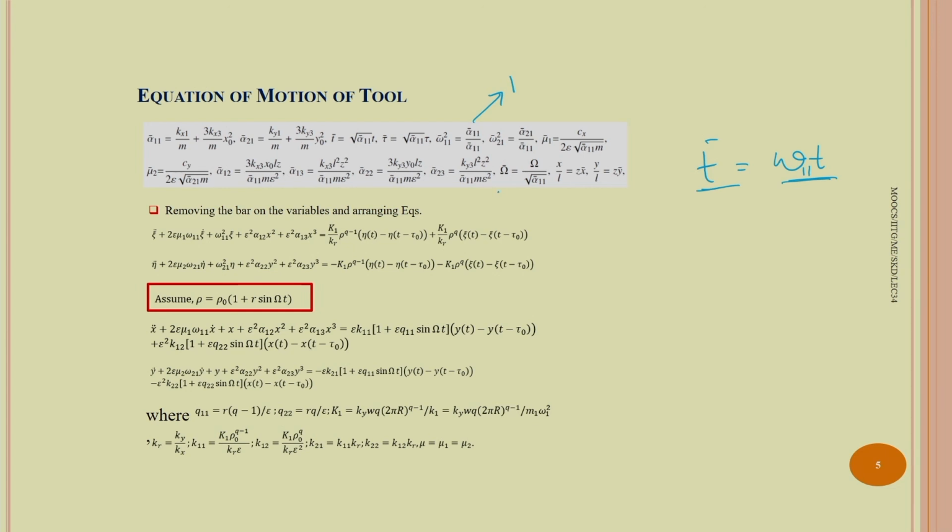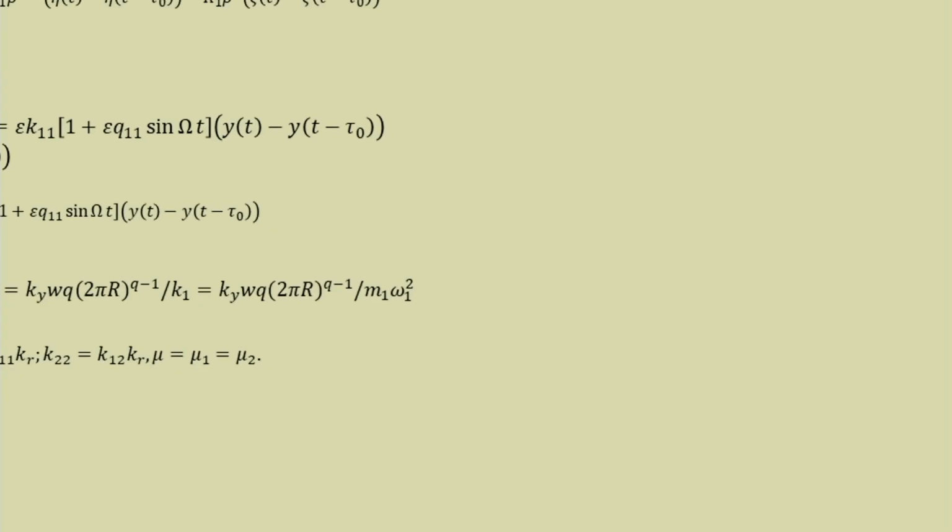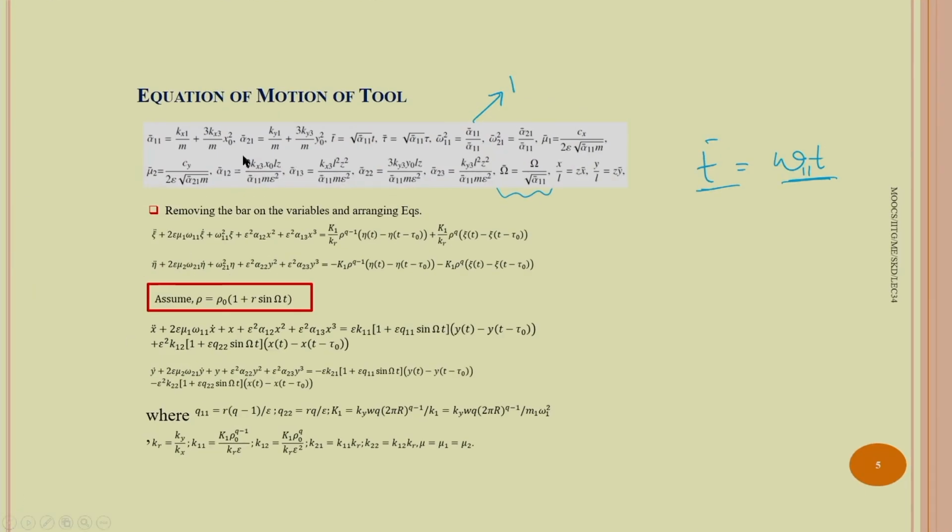Omega bar is the non-dimensional frequency of rotation. So, the rotational frequency we have taken equal to capital omega. We can non-dimensionalize this frequency: omega bar equal to omega by root over alpha 1 1. Then the length parameters x by L we have taken as zeta x bar, and y by L as zeta y bar.